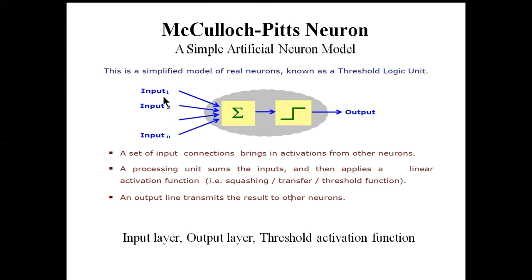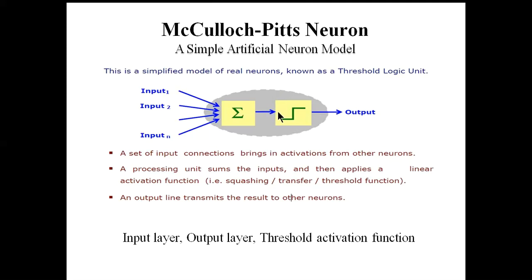So inspired by this biological neuron, the MP model can be used. Basically, the MP model, or a simple artificial neural model, consists of two layers: input 1, input 2, input 3, called the input layer, which consists of the defined inputs, and the output node, which we call the output layer.